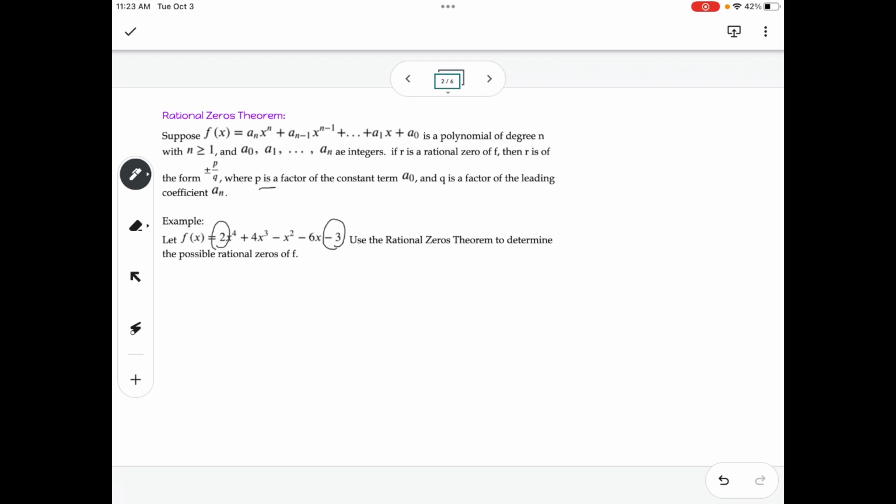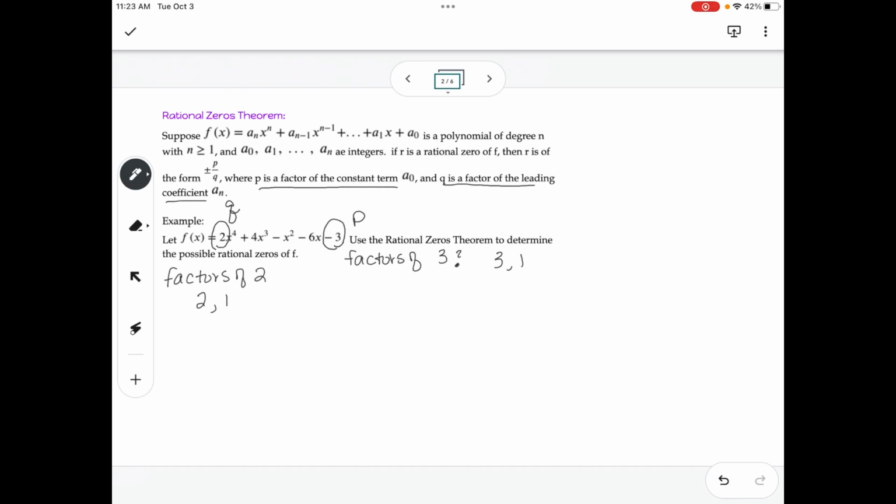P is a factor of the constant term, so -3 is p. The factors of 3 are 3 and 1, the only values that divide into 3. Now 2 is q, a factor of the leading coefficient. What are the factors of 2?